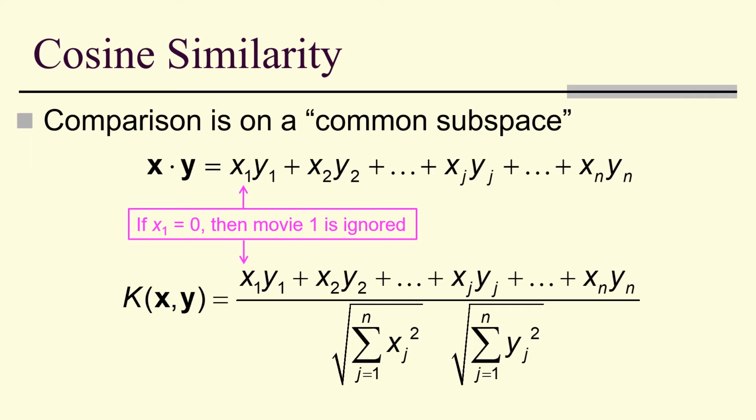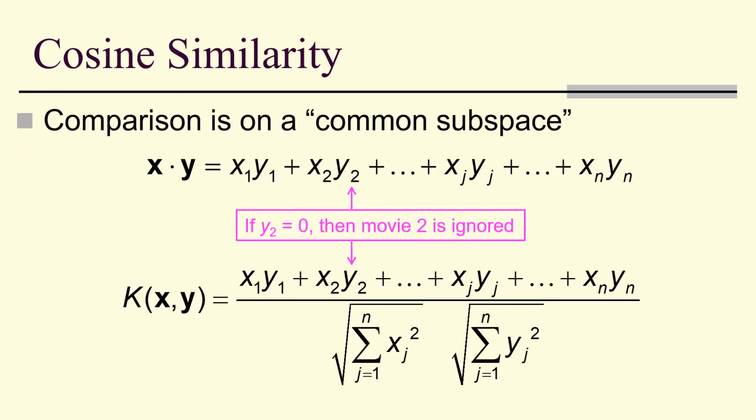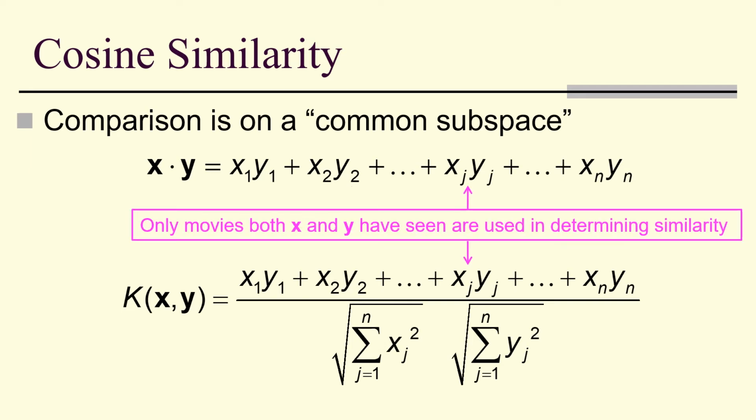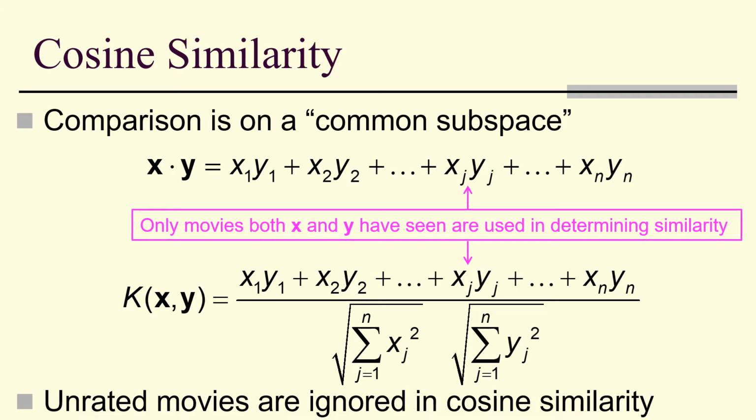So in cosine similarity, if the x1 coefficient is 0, then we ignore movie 1. If the y2 coefficient is 0, then we ignore movie 2. We're only going to use movies that both observer X and observer Y have seen in our estimation of similarity. Unrated movies are ignored.